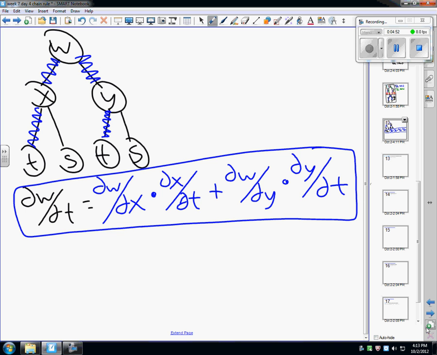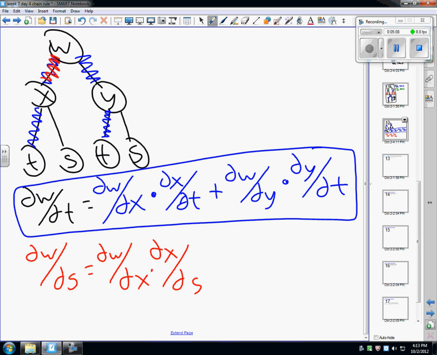And on this one, I can do the partial of W in terms of S. Notice the first line is the same, so it's going to be partial of W with the partial of x times the partial of x now in terms of s plus the partial of w over the partial of y times the partial of y over the partial of s.